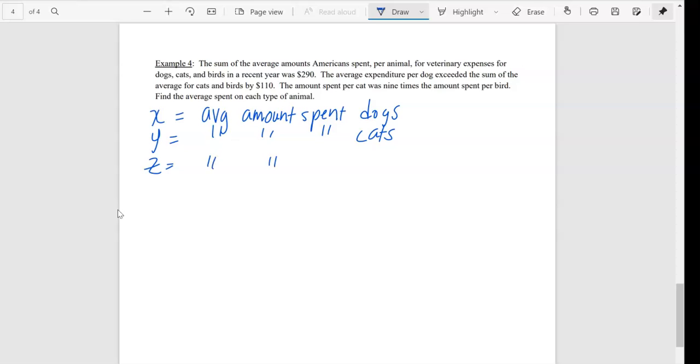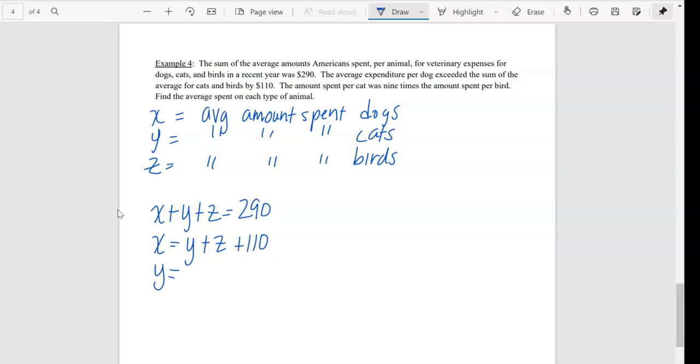And then the same thing for birds. It says that all of those added together, so X plus Y plus Z, was $290. But the average expenditure per dog exceeded the sum of the cats and the birds by $110. And then the amount spent per cat is 9 times that spent per bird.